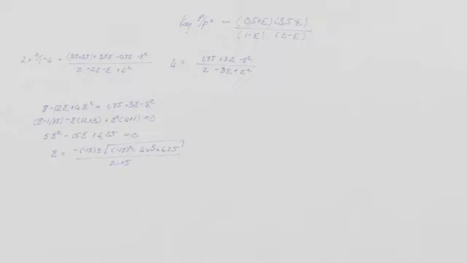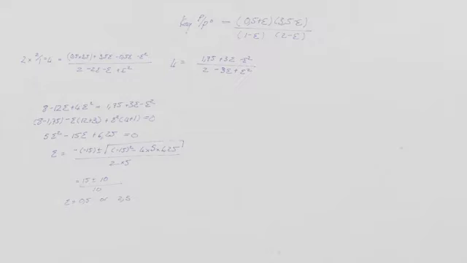If I now take this further and have a look at what it simplifies to, I get the extent is minus times minus, which is plus 15. This term is 100, so it's plus or minus the square root of 100, divided by 10. And so I get an extent of, if I do the subtraction, 5 over 10, which is 0.5. Or if I do the sum, it's 25 over 10, which is 2.5.